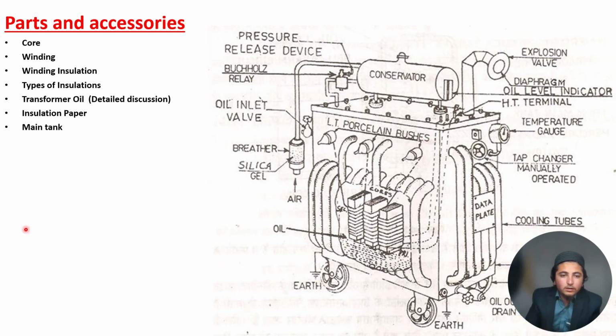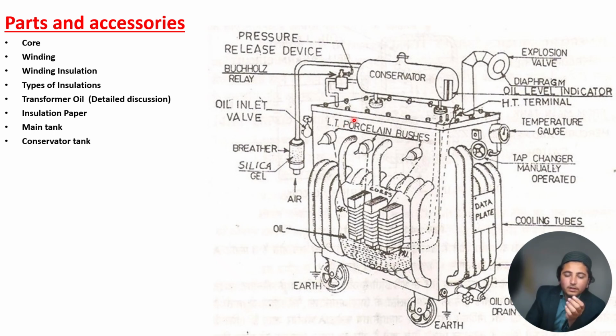Okay. The next one is the conservator tank. This is the conservator tank in which extra oil is placed, so that if the transformer oil level goes down, the conservator tank will provide the extra oil so the level may be maintained.